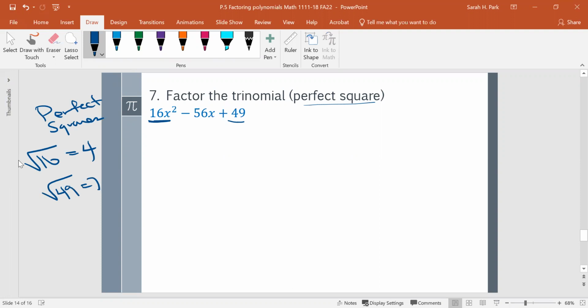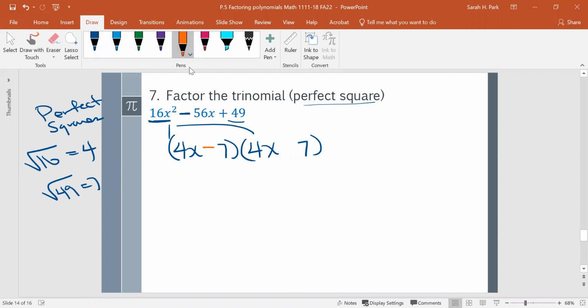So I'm doing the guessing method here. I put 16x squared and think, okay, let me see, 4x. I break down 16x squared into 4x and 4x. And then 49 is 7 and 7. But because there's a negative, I'm going to try a negative 7. Kind of doing a guess and check method here just to see, does it give us negative 56?